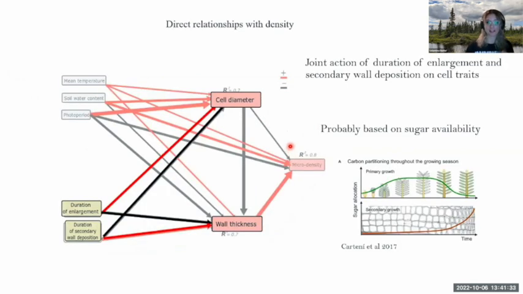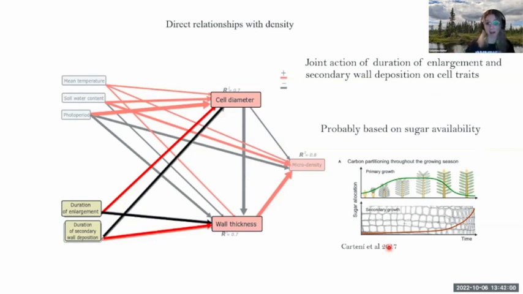And the very important thing here was that the relationship between duration of developmental dynamics and microdensity was indirect. This is probably related to carbon partitioning and to the way in which these developmental dynamics are driven by the carbon partitioning between the entire plant.